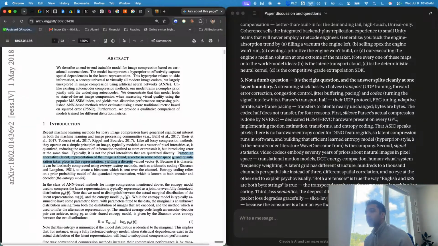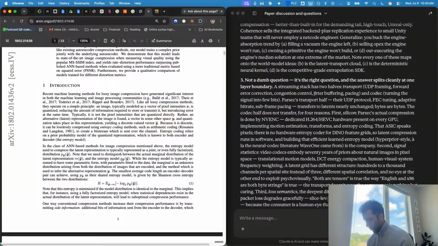Okay, so this is saying if the latent is discrete, and the distribution is known, then you can compress it very efficiently.